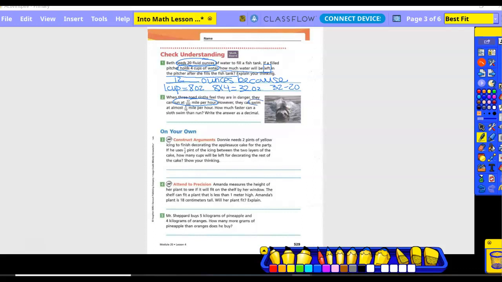It can swim at almost 5/10 mile per hour. How much faster can a sloth swim than run? Okay, so also, what do we need to put in a box? Much faster, right? And that tells us we're going to what?